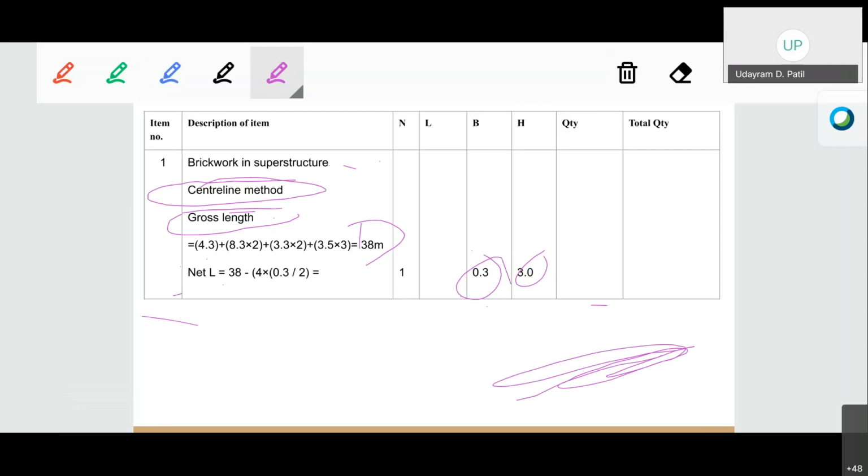so net length for the brickwork will be gross length minus 4, that is the number of T junctions, multiplied by half width of the item. So calculate the net center line length for the brickwork.